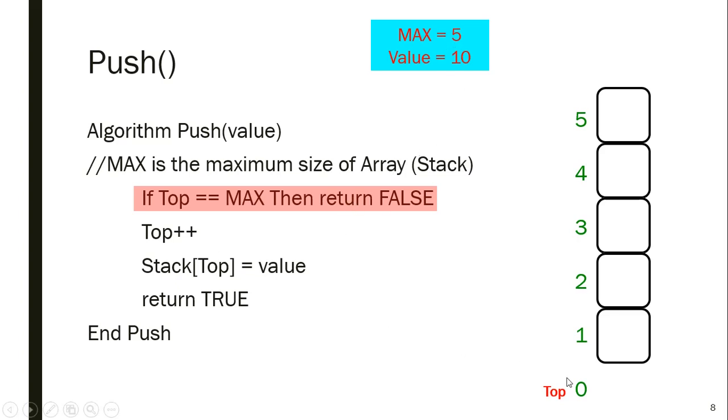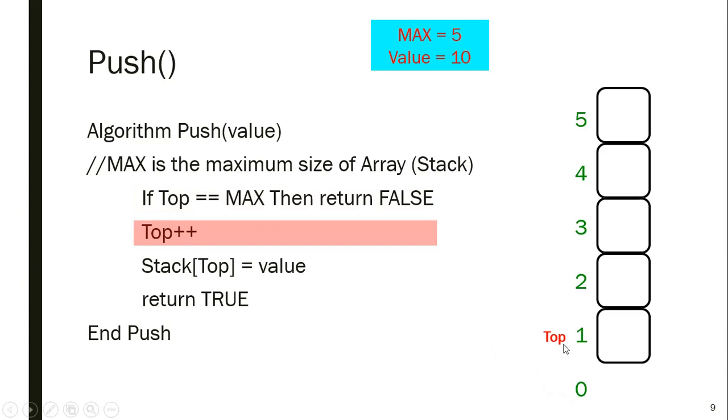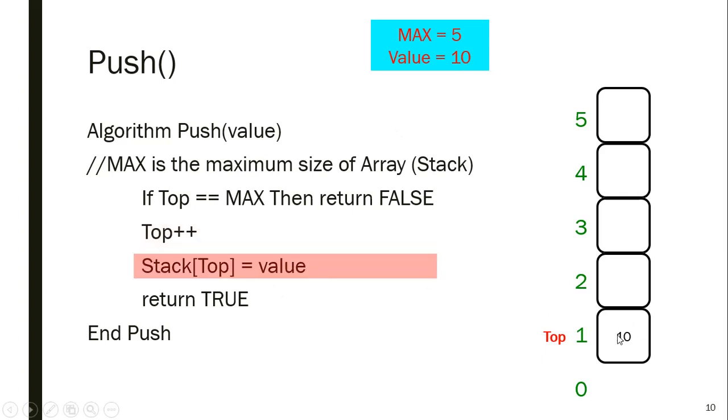What it is going to do is increment the top, and then store this value at this position of the array. So now top is pointing, or top means the first position, and it contains 10. The first position means there is only one value in the stack, and the push is successful, so we will return true.